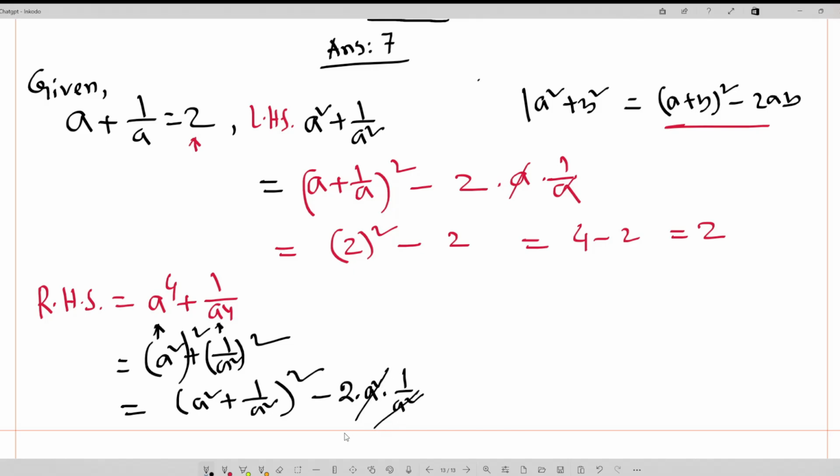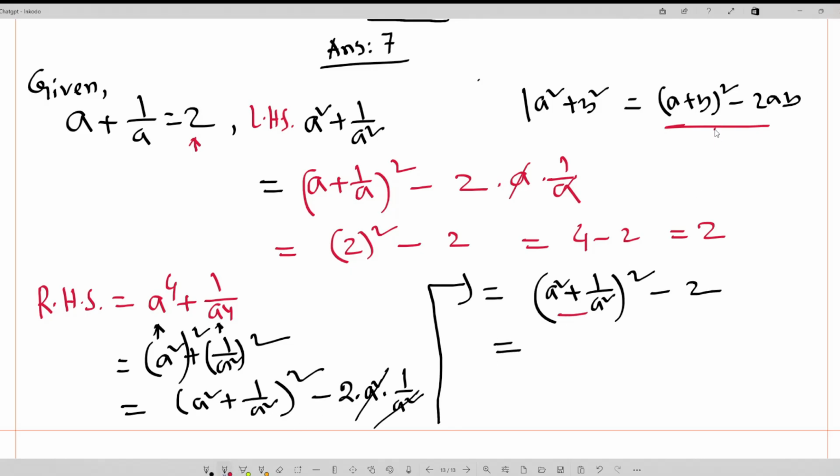Now here we can write a square plus 1 by a square whole square minus 2. Same thing, this one also we can apply the a square plus b square rule. So a plus 1 by a whole square minus 2 times a times 1 by a, and whole square minus 2.